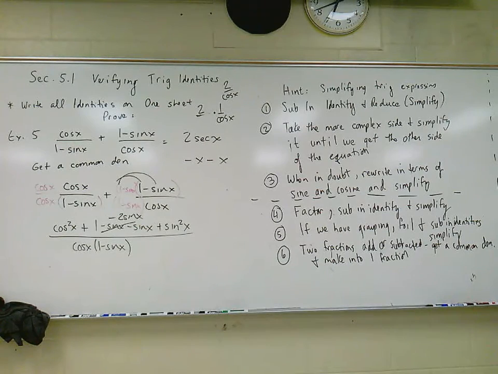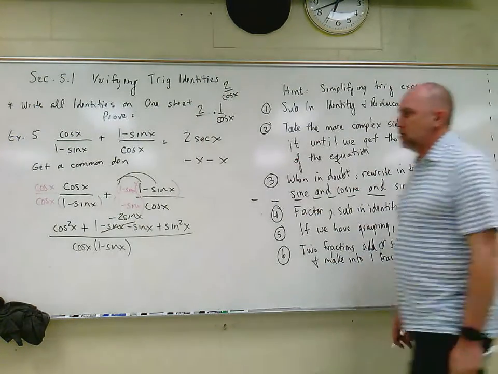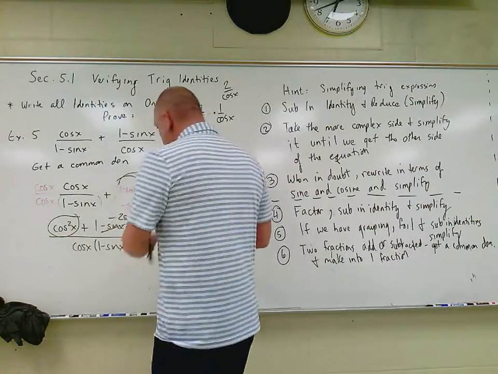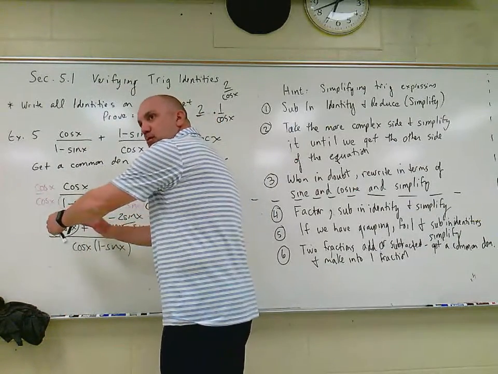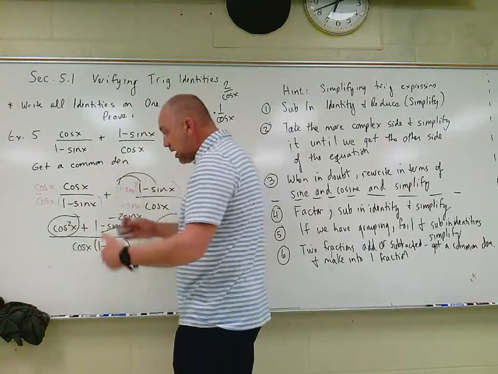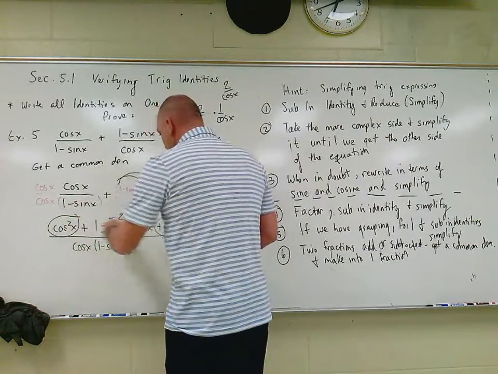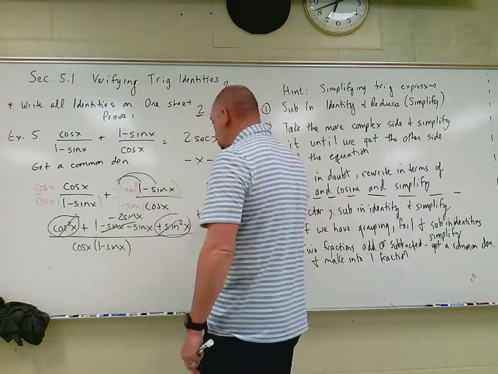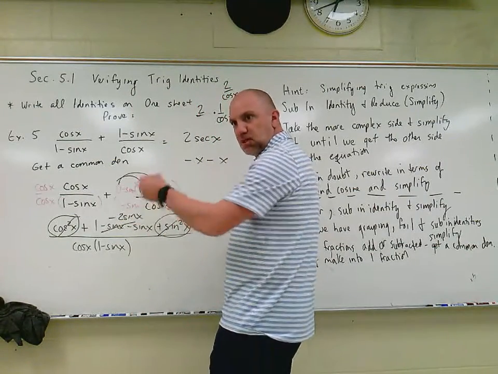You're halfway. It's hard. But this, cosine squared plus sine squared, see if you scoot them next to each other, they equal what? Since it's cosine squared plus sine squared, you can just cross them both out and put a plus 1. Because cosine squared plus sine squared equals 1.